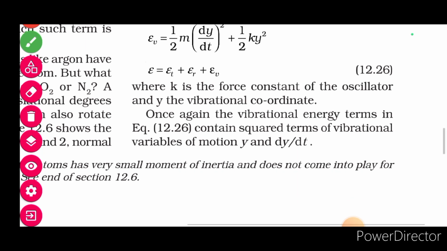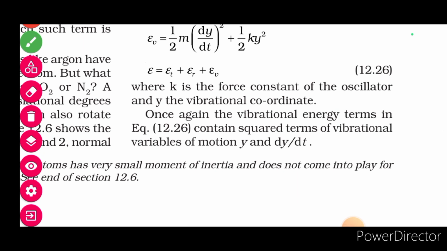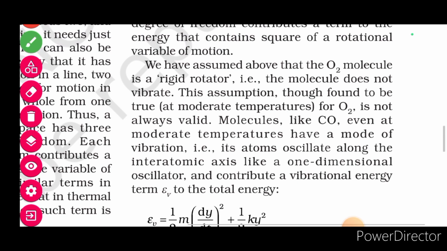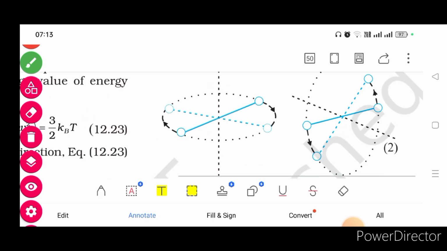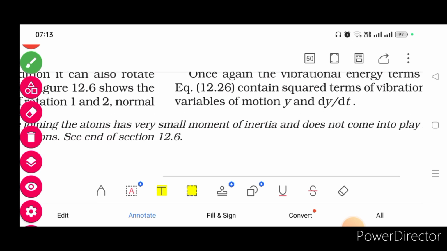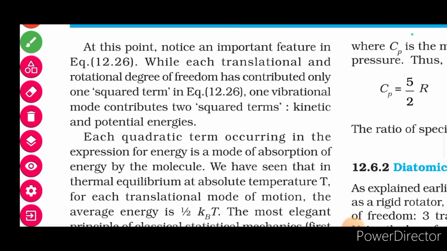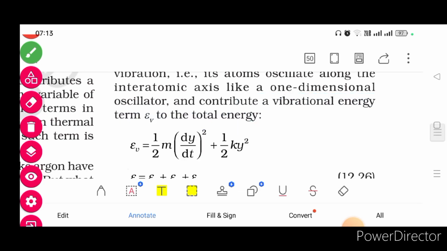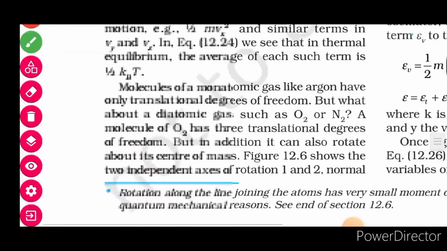Once again, the vibrational energy terms in equation 12.26 contain square terms of the vibrational variables of motion, y and dy/dt. Even in rotation omega square was there, and in translation v square was there. Now at this point notice an important feature in equation 12.26, the sum of these three.